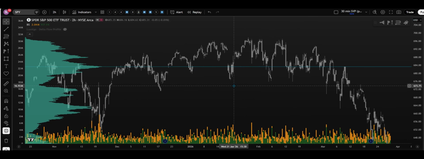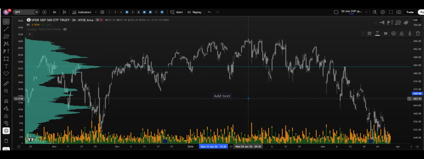So first is the inability to break new highs. Number two, it's potentially a top sell pressure zone, and I'll show you how to look at that in a second, but it's a technique that I like to use called a delta profile.